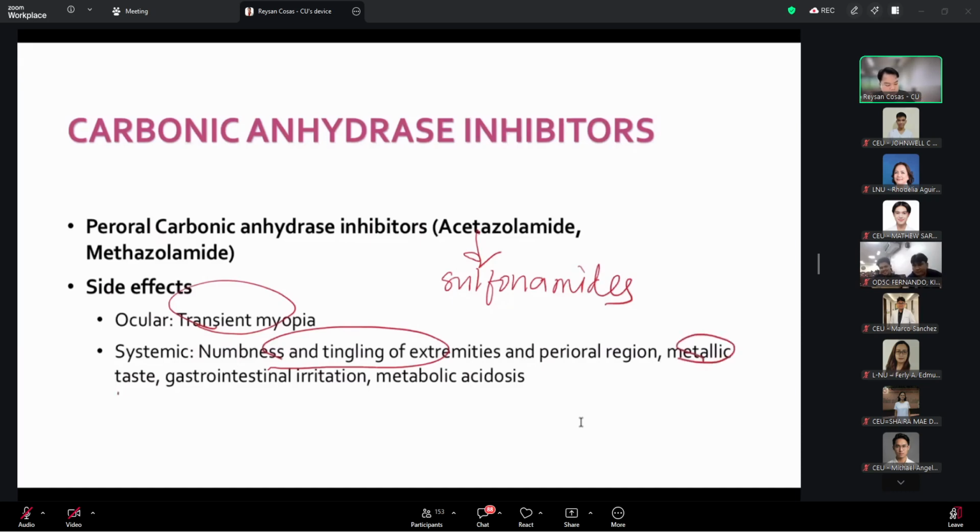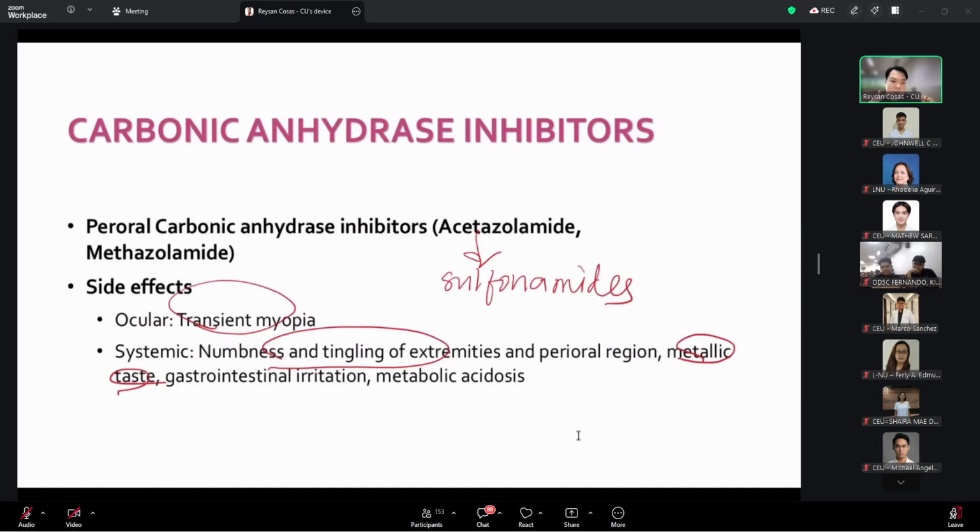Ayan, nandito pala. Nakasulat. Okay? And GI irritation, like nagkakaroon ng abdominal cramps, nausea, diarrhea. Okay? And of course, dahil nilalabas mo yung bicarbonate, nadideplete yung bicarbonate. So, nagiging basic yung urine. Tama? Kasi nilalabas mo nga.